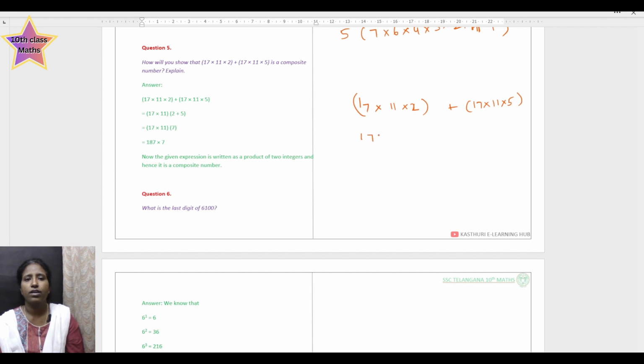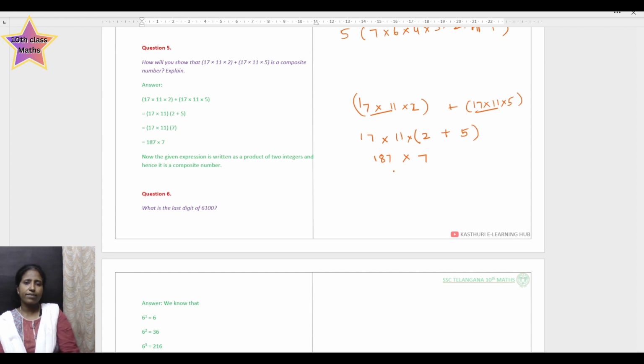You take 17 into 11, both are common. We take it out. Here what is remaining? 2. And there what is remaining? 5. So if you write it like that, 17 into 11 is 187, into 2 plus 5, which is 7. So 187 into 7. They are written as a product of two numbers. Therefore, it is a composite number.